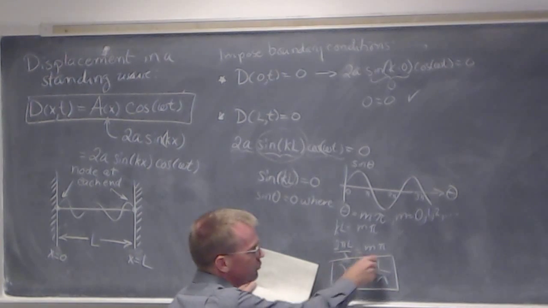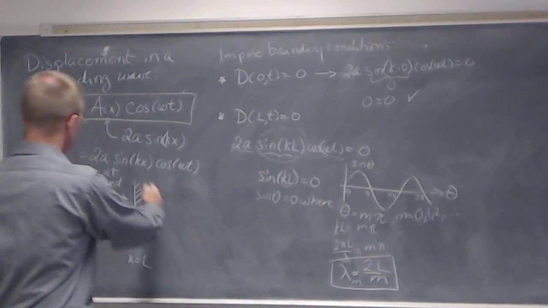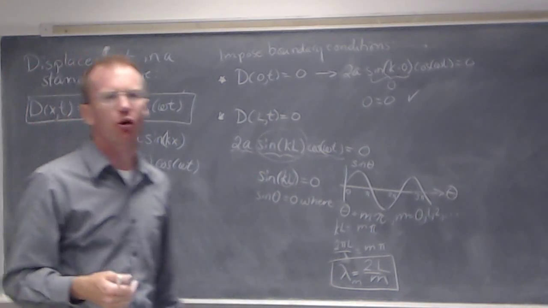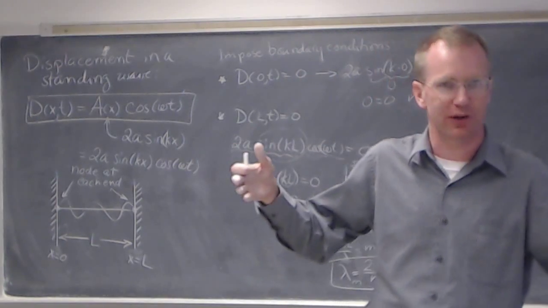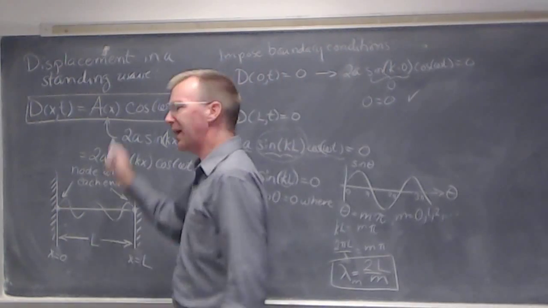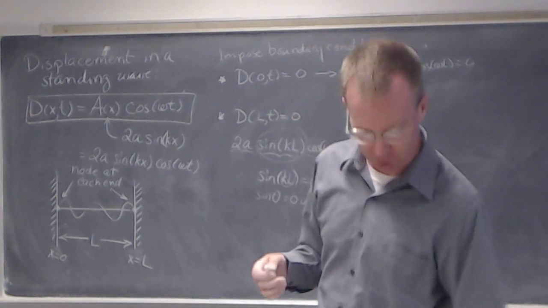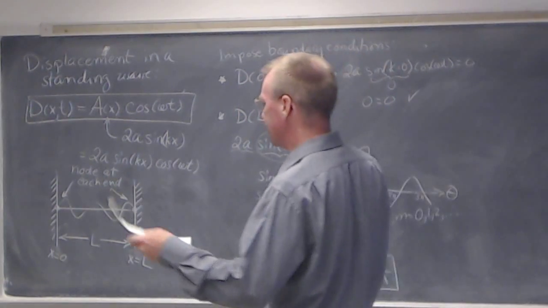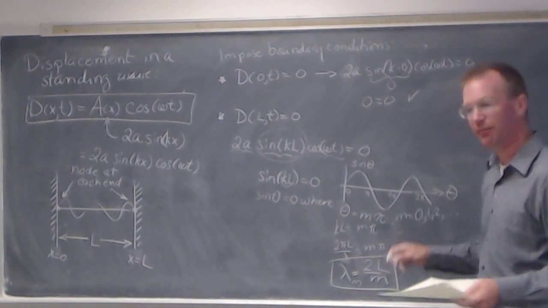Lambda sub m equals 2 capital L over m, where L is the width of this. We can sometimes call it the cavity, the resonant cavity. Cavity means a hole, an echo chamber. And it's allowing this resonance to take place. Resonance means where we've got these standing waves developing. So the length of the resonant cavity, 2 times that over our integer m.